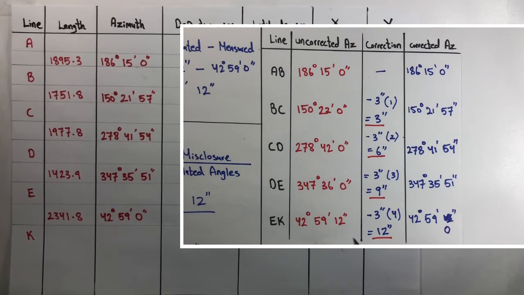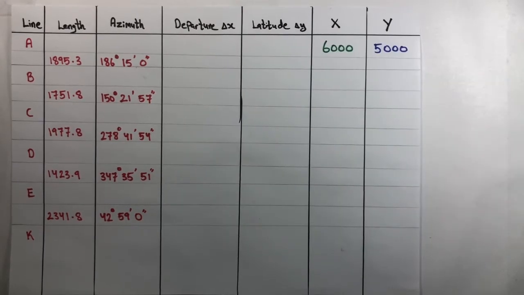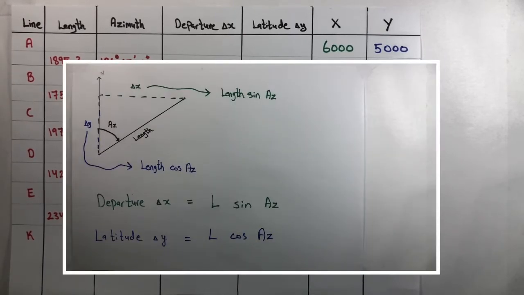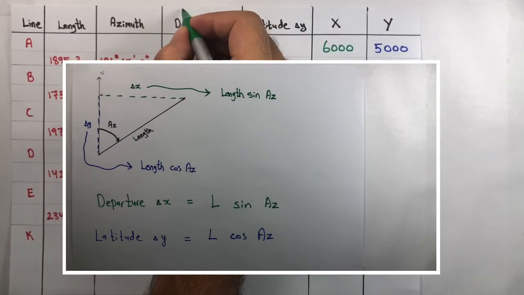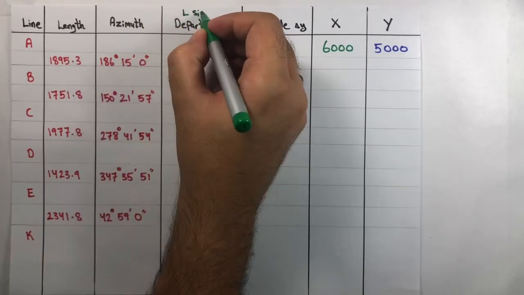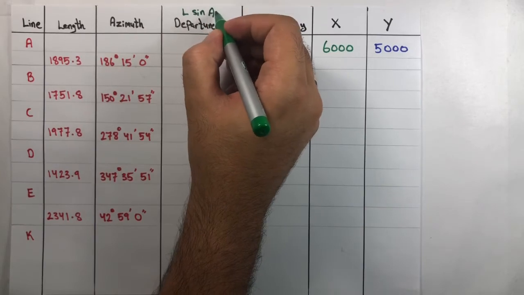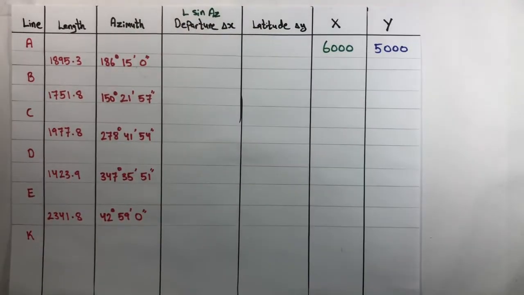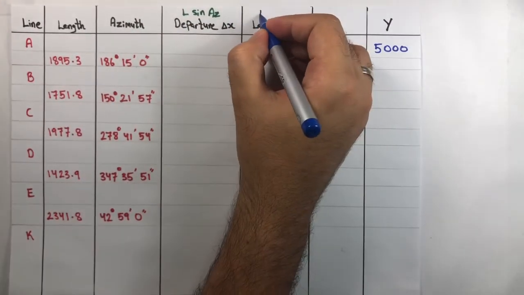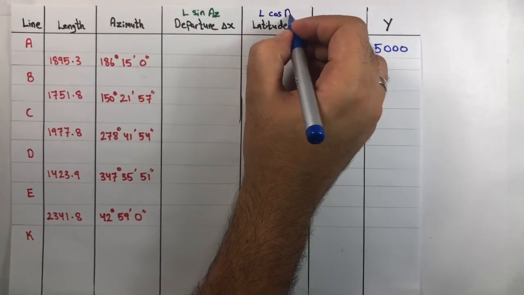Now I'm going to calculate the departure and latitude of all lines using the formulas we got from the previous page. So we got that the departure is L sine azimuth, and we got our latitude as L cosine azimuth.